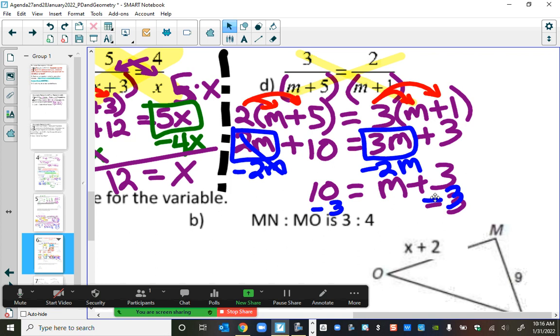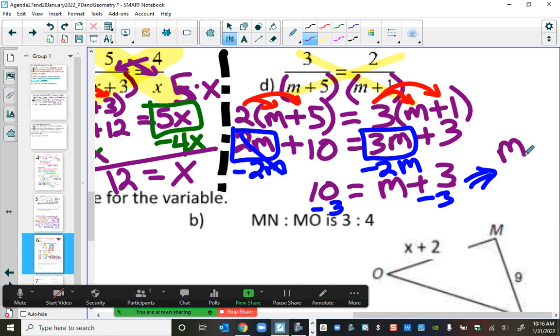Everybody see this? So we should have m equals 7 in the end. Okay, questions?